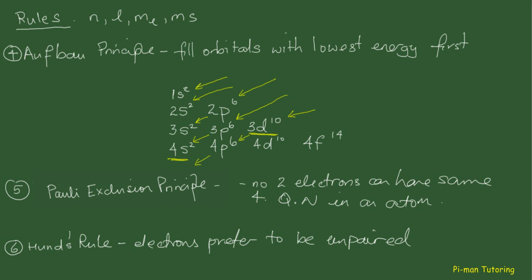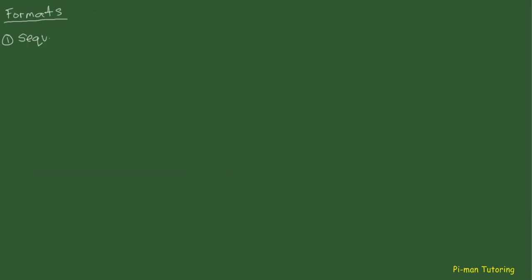Now let's look at some presentation formats that are used for showing electron configurations. So the simplest one is just a sequence. And so, for example, if we had phosphorus with an atomic number of 15, we know we have 15 electrons to distribute into their orbitals, and so we simply write out the list according to the Aufbau table. 1s2, 2s2, 2p6.